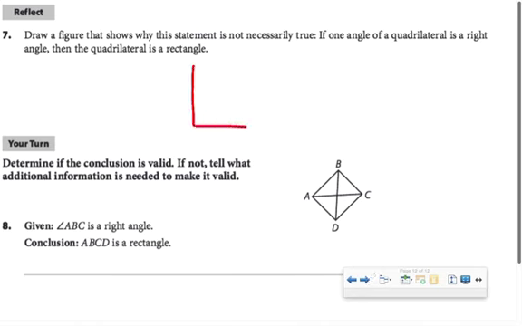I could extend this way out, and I don't have to make that form a 90-degree angle up top. Here's a quadrilateral. It has one right angle. This is very clearly not a rectangle.